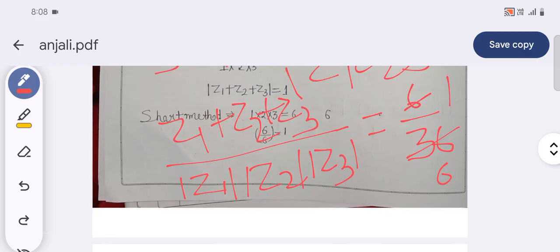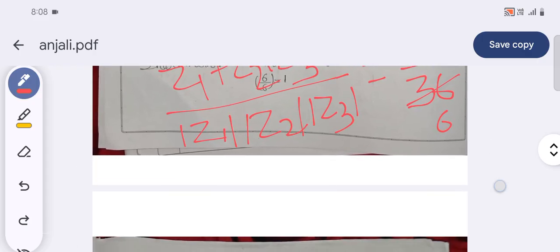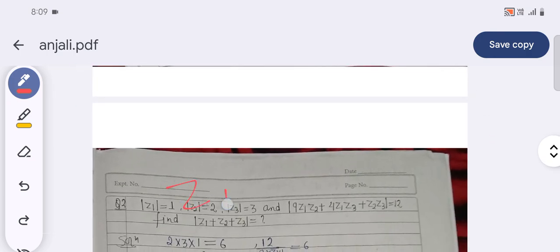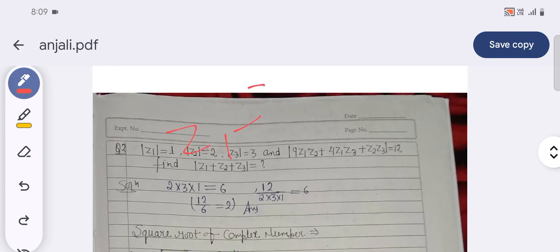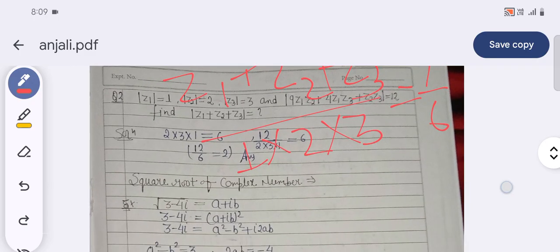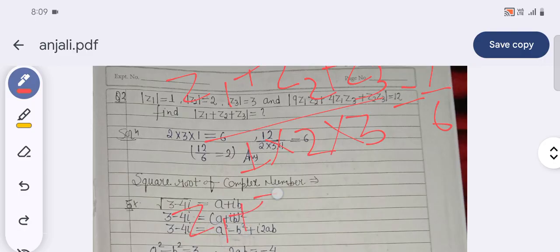We know the values of mod z1, z2 and z3. So mod of z1 plus z2 plus z3 upon 1 into 2 into 3 is equal to 1 upon 6.